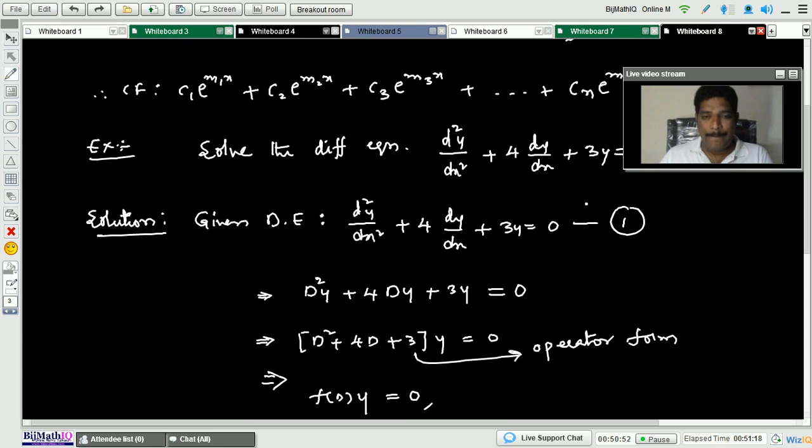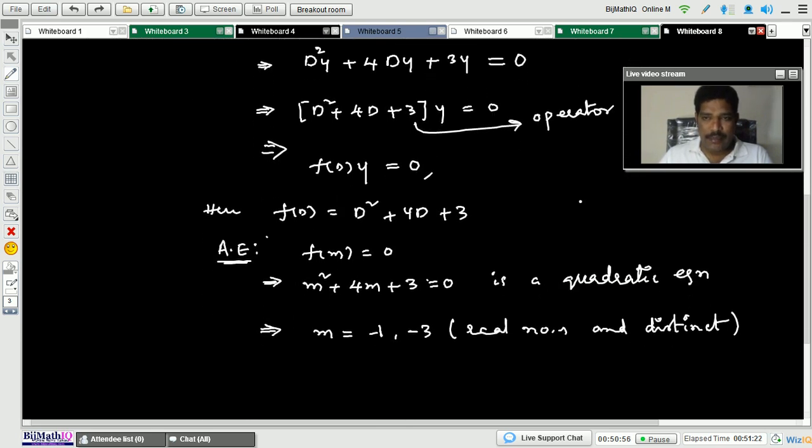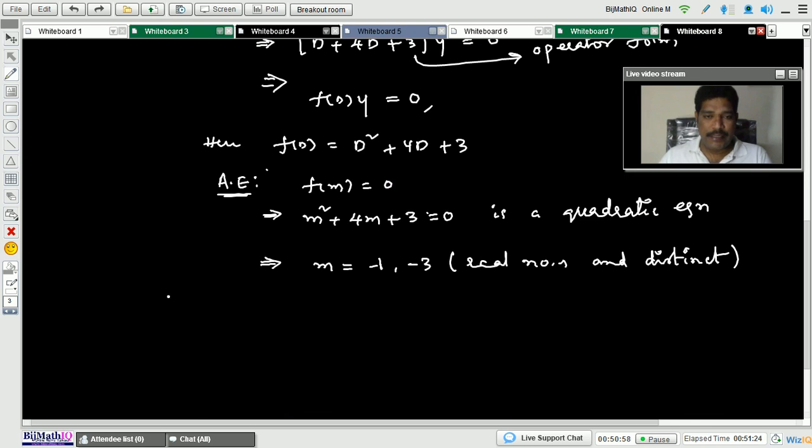So in our example, in our problem, there are only two roots. The first root is -1, the second root is -3. So therefore, we write the complementary function, CF, equals C1 into e to the power of -1 into x plus C2 into e to the power of -3 into x.